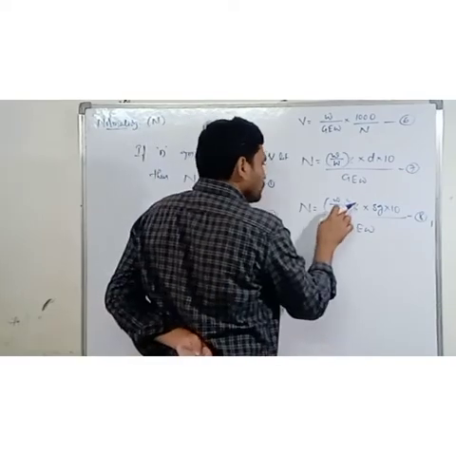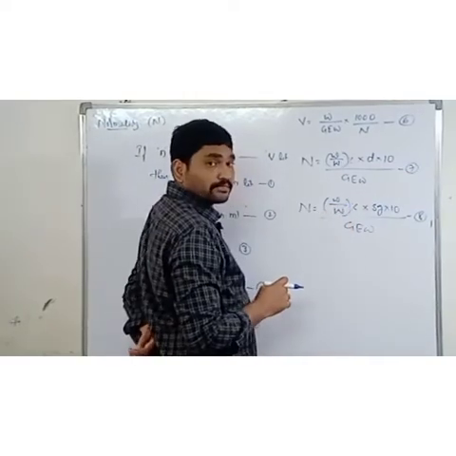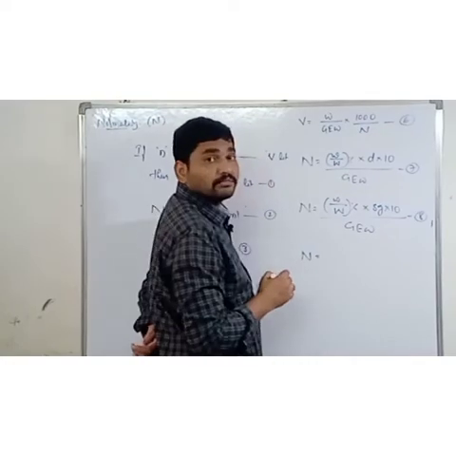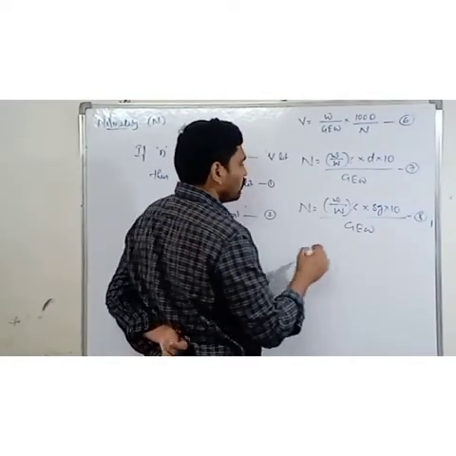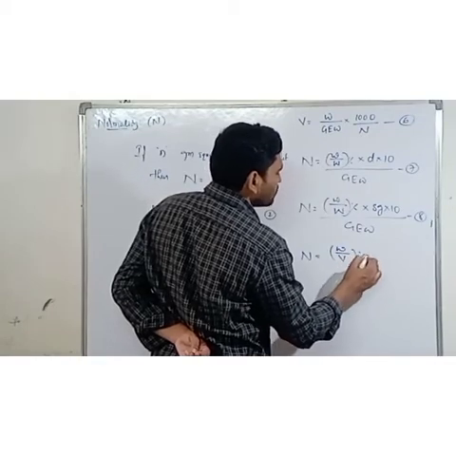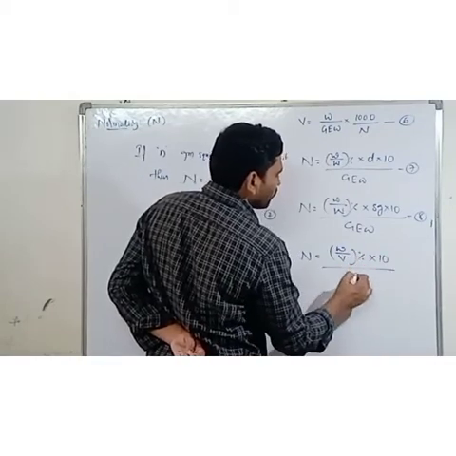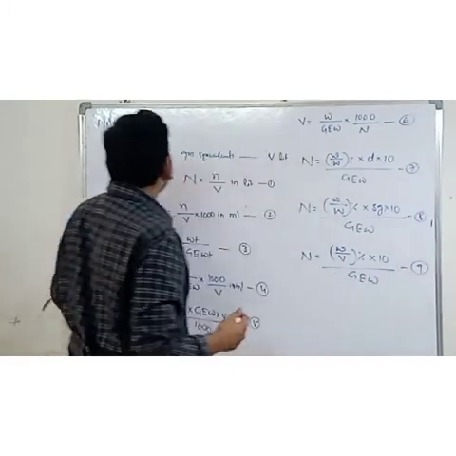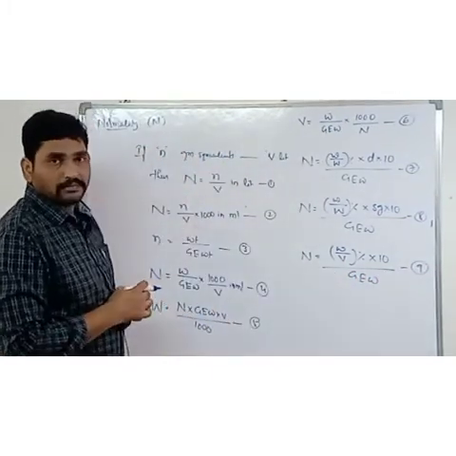When weight by volume percentage is given, N equal to weight by volume percentage into 10 by gram equivalent weight. These are the important relations in normality.